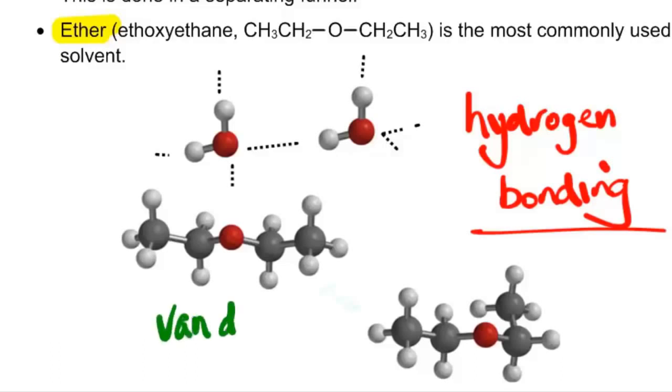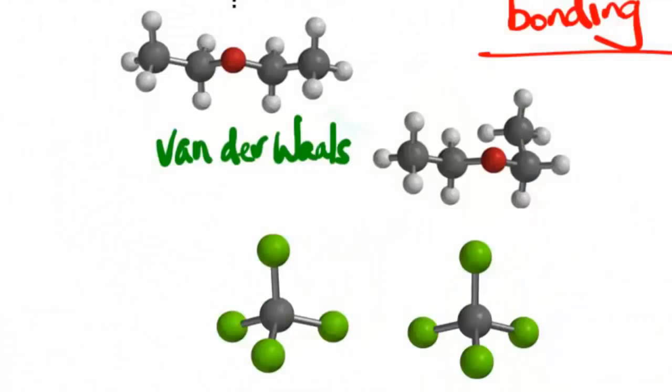Returning then to ether at the bottom, and indeed organic molecules in general, do bear in mind that all organic molecules are held together by van der Waals forces, as well as possibly other kinds of forces as well.